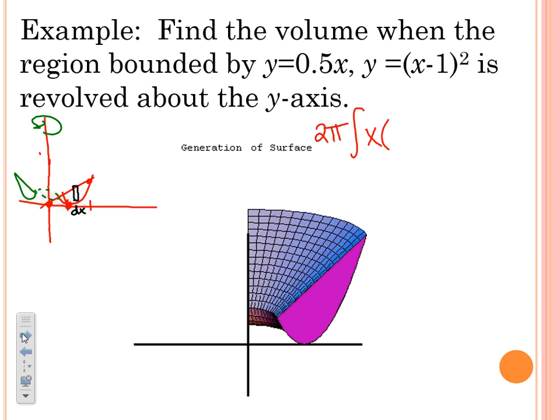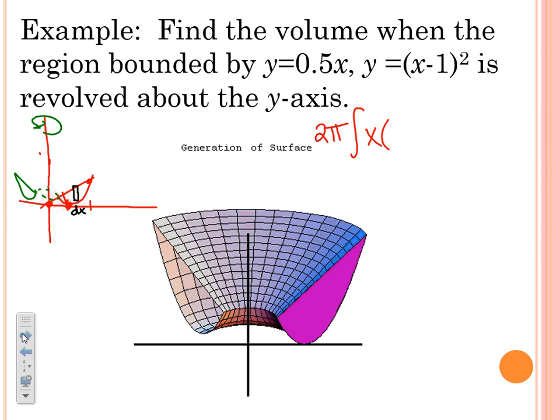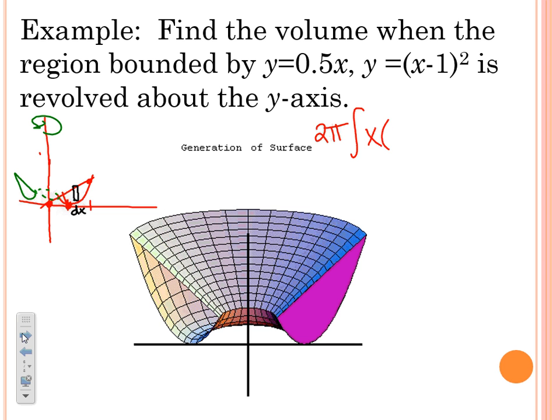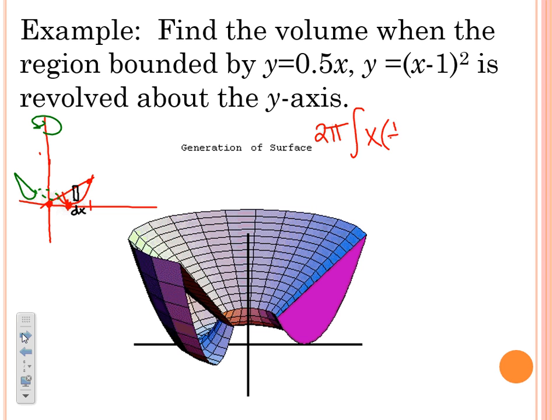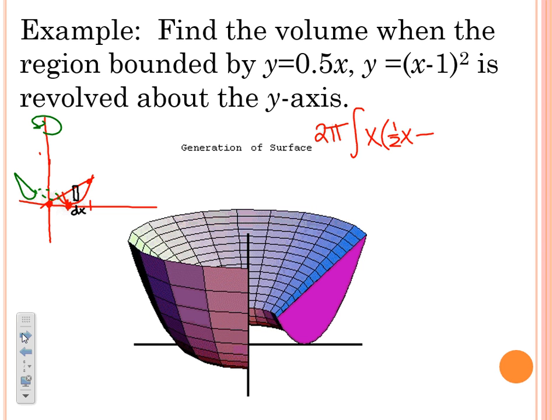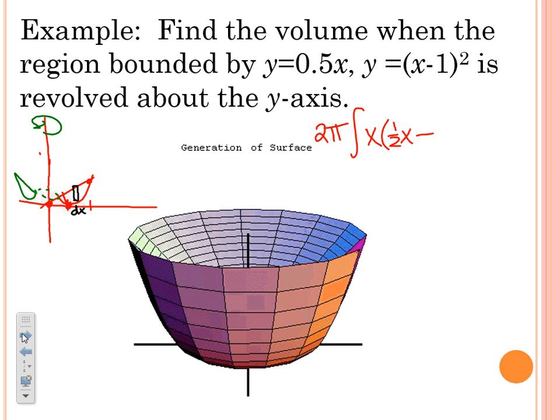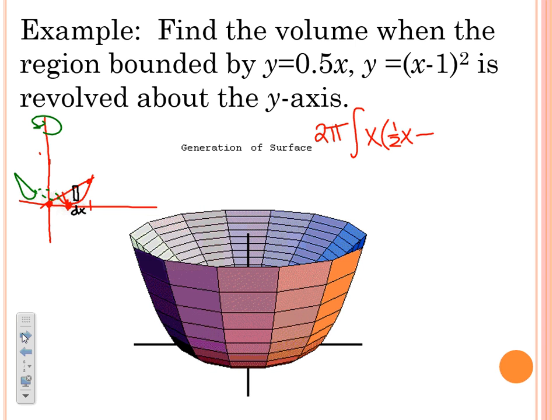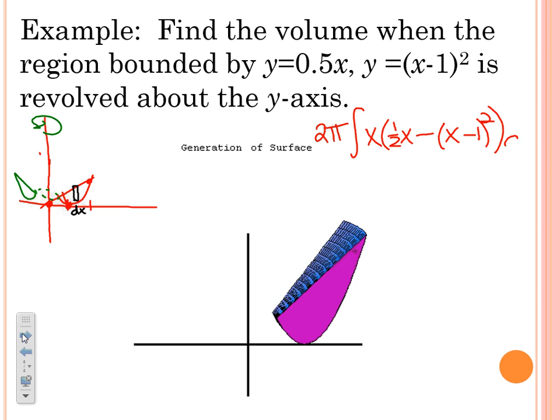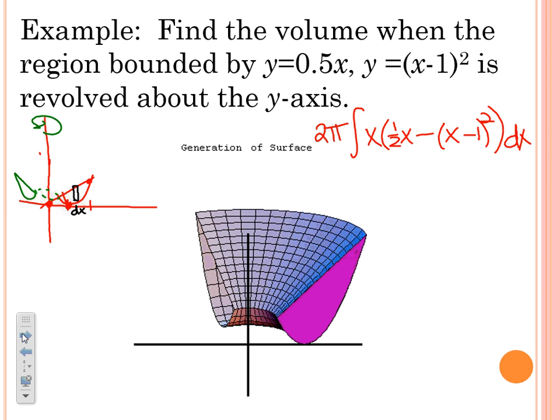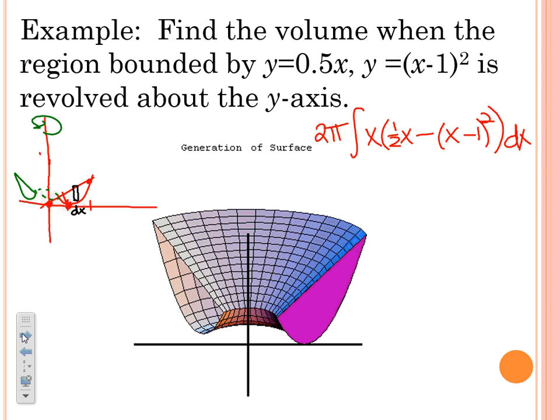Top function minus bottom function. So our top function is 1/2 x minus our bottom function, x minus 1, the quantity squared. dx is that thickness, creating that third dimension. So now we're taking volume.